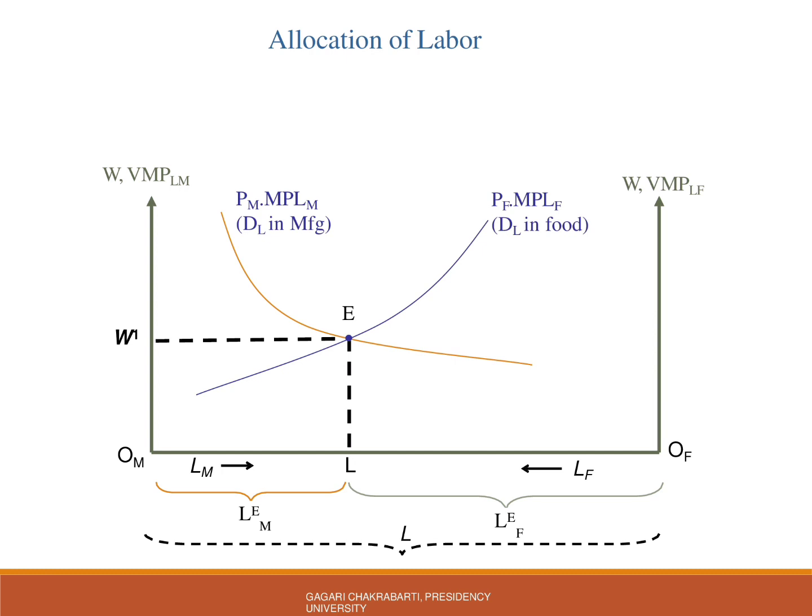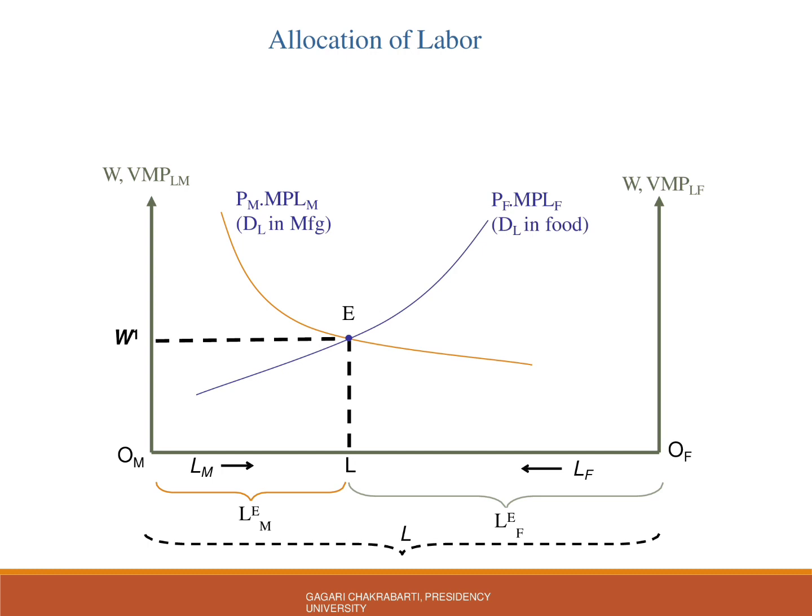The left vertical axis shows us the VMPL in the manufacturing sector and the money wage rate of course, and the right vertical axis gives us the VMPL in the food sector as well as the money wage rate. The two demand curves for labor, or the two VMPL curves, are plotted as downward sloping lines.